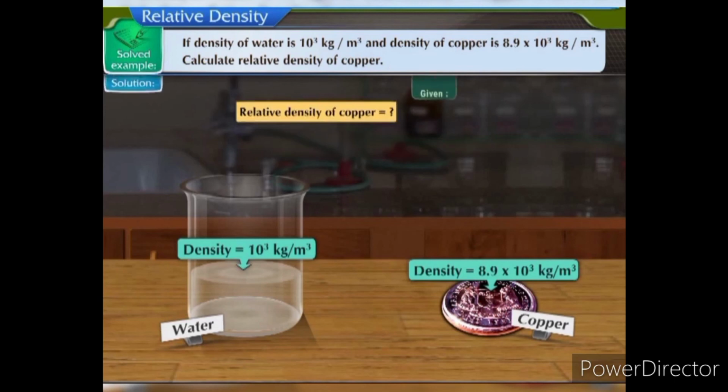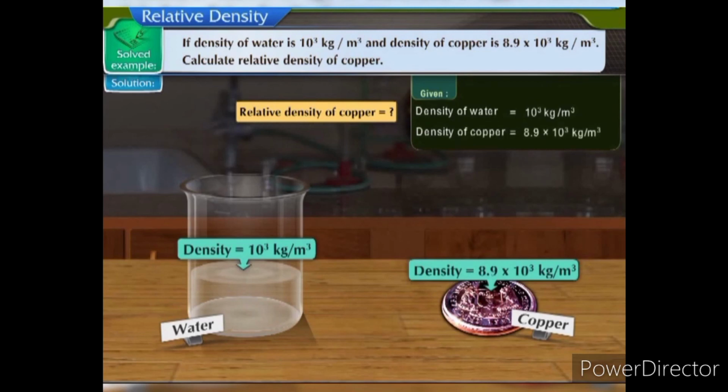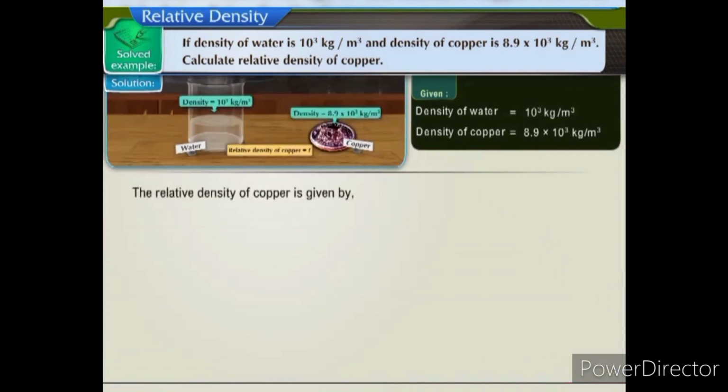Solution. Given: density of water is equal to 10^3 kilogram per meter cube, density of copper is equal to 8.9 multiplied by 10^3 kilogram per meter cube. We want to find the relative density of copper.